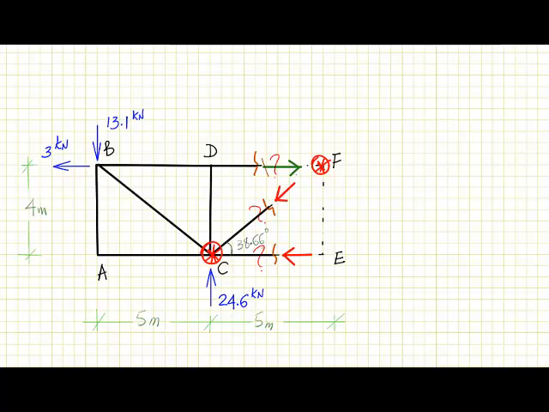We'll cancel these two unknowns and calculate this unknown. Then we go back and take the moment about the intersection of these two forces, meaning C, and calculate the value of this unknown, because these two intersect at C. Once we calculate the values of these two, only this value will be left.